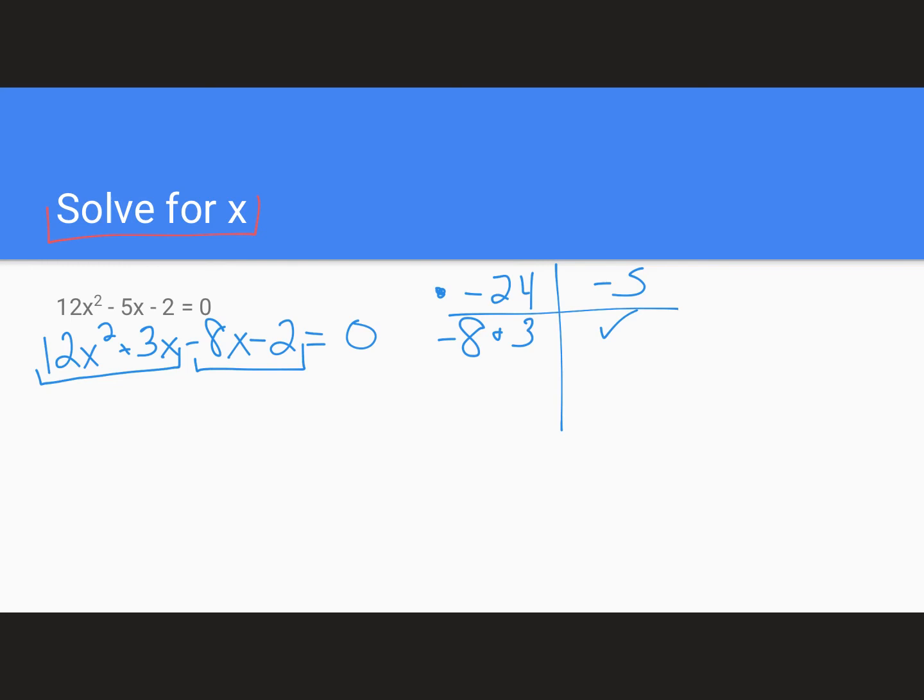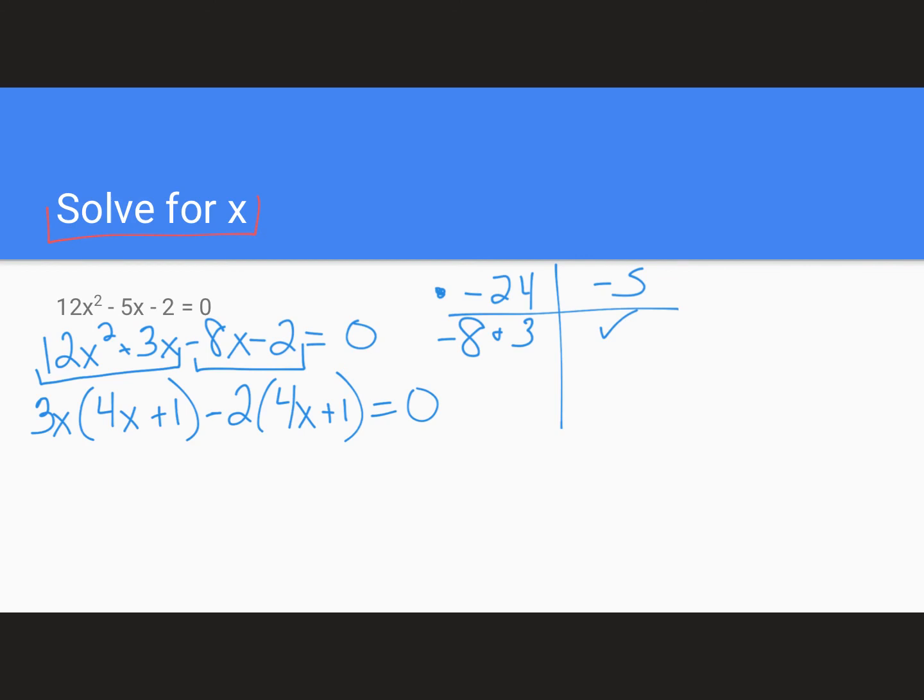So 12x squared plus 3x, I can pull out a 3x. I'm left with 4x plus 1. Over here, I notice I have both negatives, so I can pull out a negative 2, which will leave me with 4x plus 1.